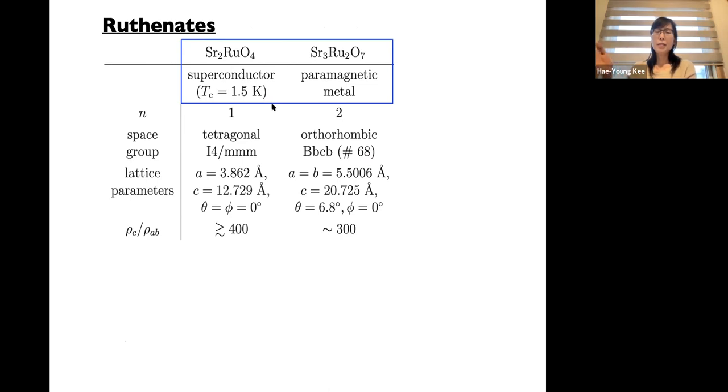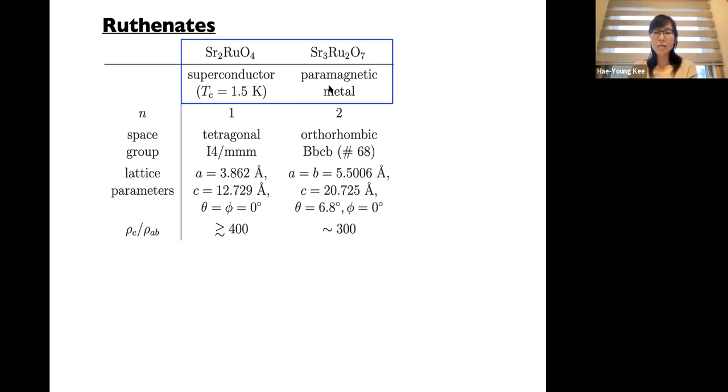And there are a series of these transition metal oxides which were motivated by searching for a high Tc appearing in non-cuprates, without the copper. But instead, it was actually a superconductor with a Tc of 1.5 Kelvin. And n=1 is referring to the single layer. And here are the structures, which play an important role later on.